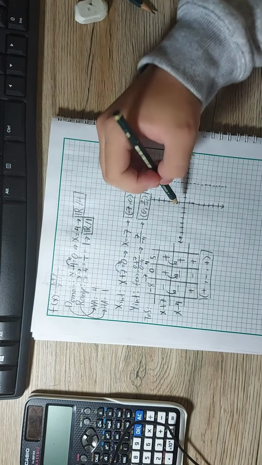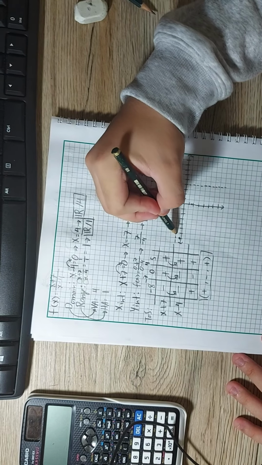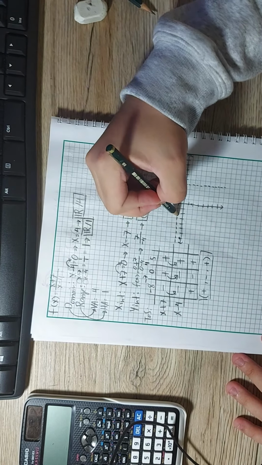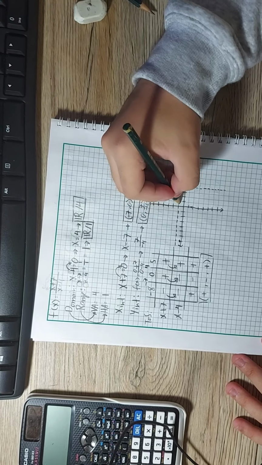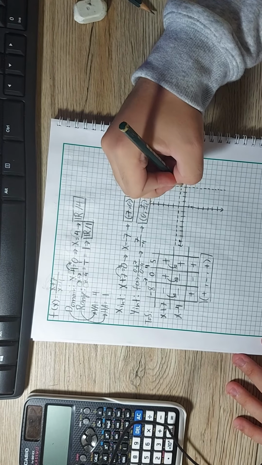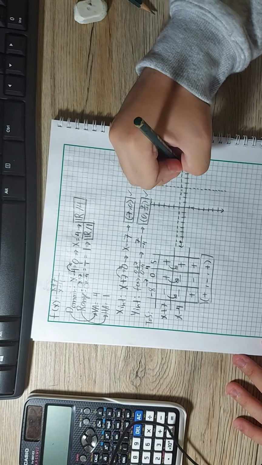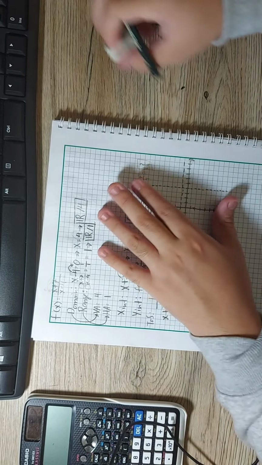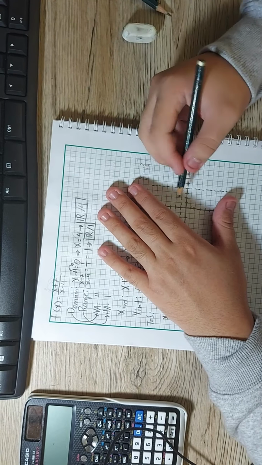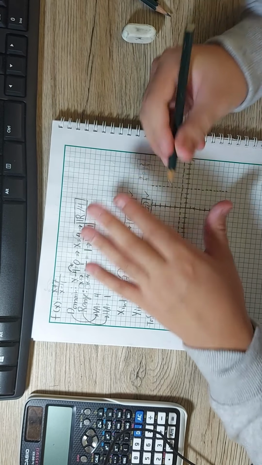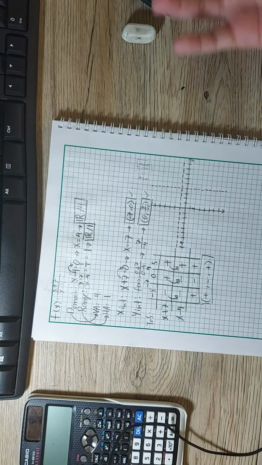The horizontal asymptote is 1, so here on the y-axis. If you didn't notice, the vertical asymptote is on the x-axis, and the horizontal asymptote is on the y-axis.